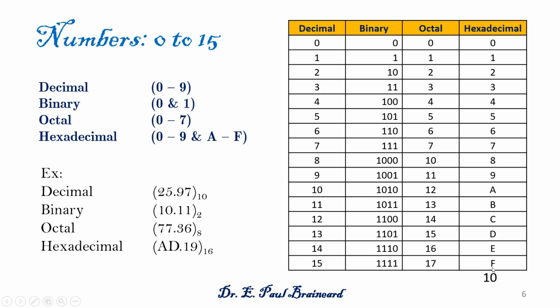Well, another important observation is the digits 10 in decimal, 10 in binary, 10 in octal and 10 in hexadecimal number system are not the same. For example, 10 in decimal is 1010 in binary, 12 in octal and A in hexadecimal system.